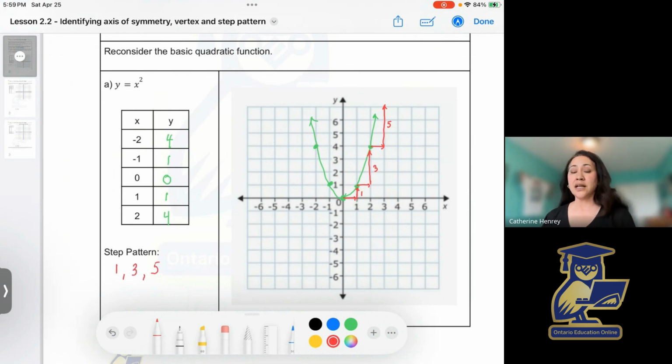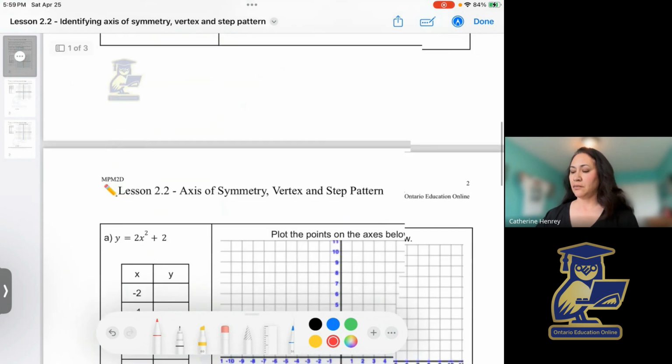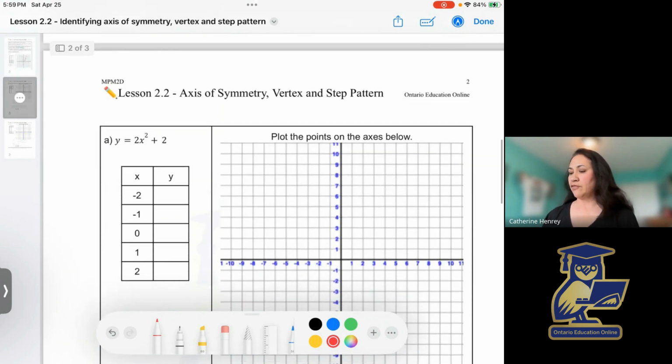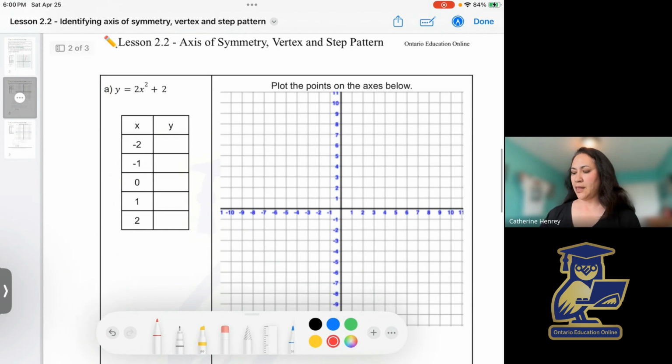Now again, as stated above, this step pattern changes according to the coefficient of the x squared term. So let's take a look at a different example. What if I want to graph y equals 2x squared plus 2? Let's use that table of values.